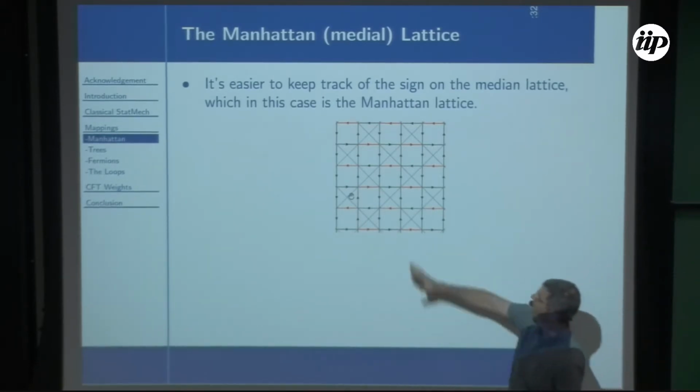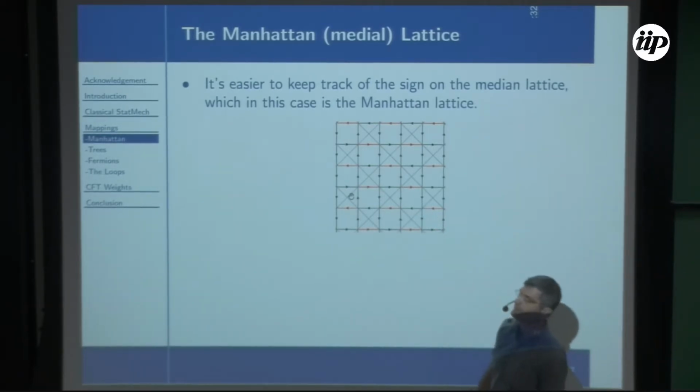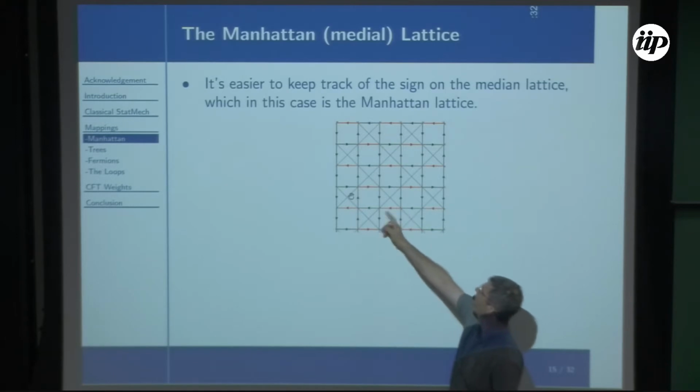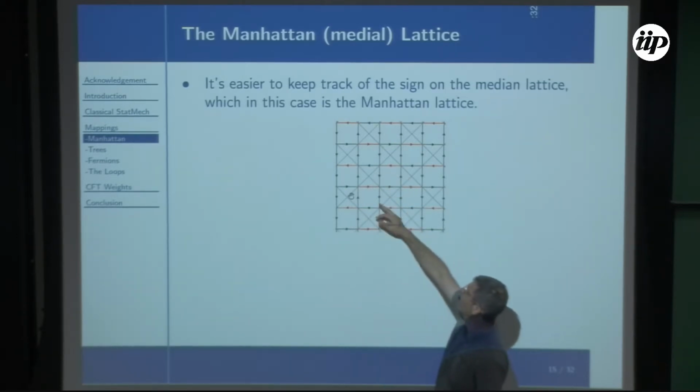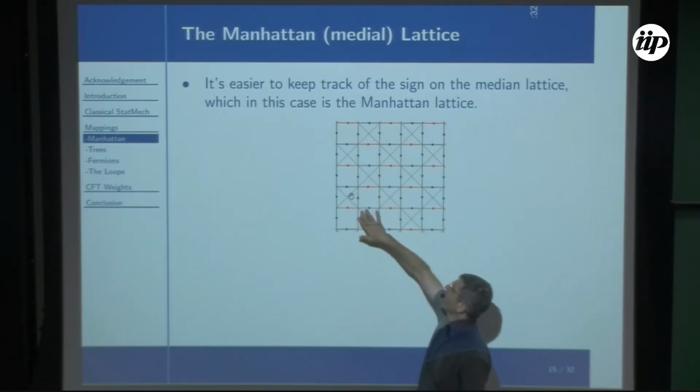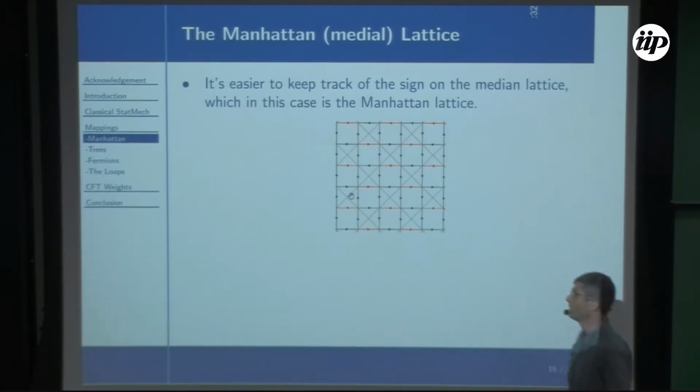And the nice thing about this representation is that it's easy to keep track of the sign that I mentioned before. The sign is just minus on the red links on the Manhattan lattice, and plus on the black links.